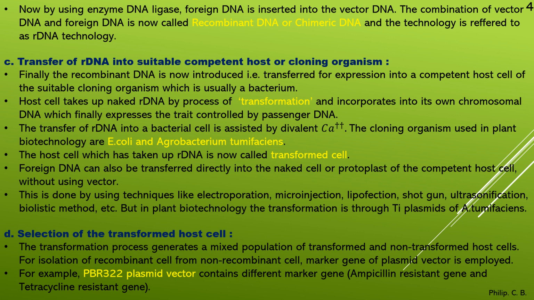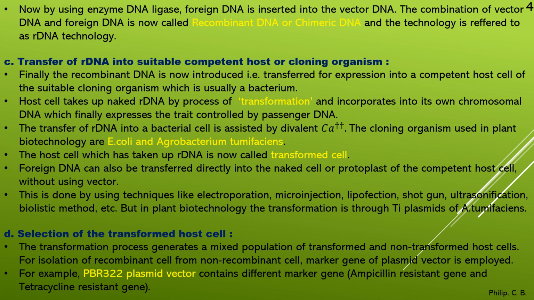Again referring to the second slide which you observed, the host cell takes up naked rDNA by the process of transformation and incorporates it into its own chromosomal DNA, which finally expresses the trait controlled by the passenger DNA. The transfer of rDNA into the bacterial cell is assisted by divalent, that is calcium, ions.